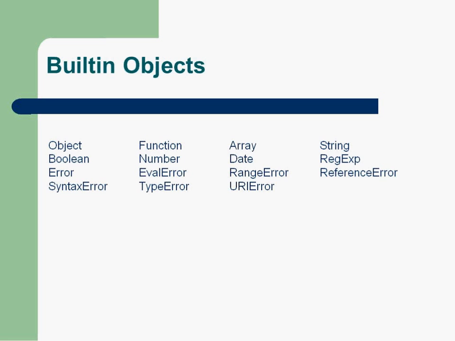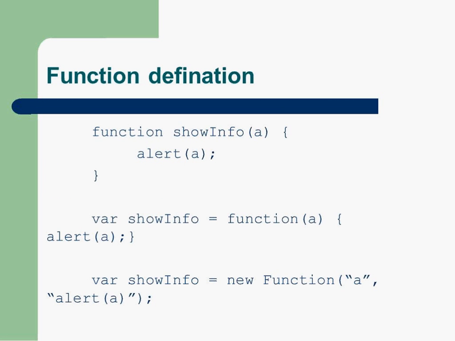Array, then string, boolean, number, date. Date is very good. Regular expression object, error, and various error objects: error, range error, reference error, syntax error, type error, and URI error. Okay, so these are all built-in objects.